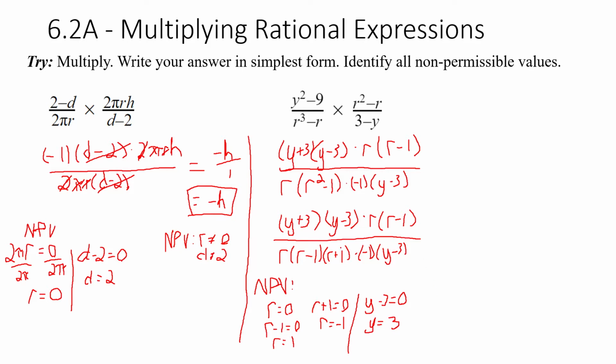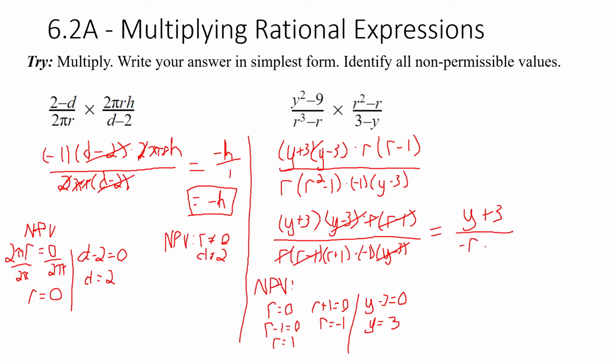Now we can do some simplifying. We've got an r minus 1 in the bottom and the top. We've got an r in the bottom and the top. We've got a y minus 3 in the bottom and the top. And then y plus 3, r plus 1, and negative 1 don't share anything. So in our top, we've got y plus 3. And feel free to redistribute this negative 1 back into here.